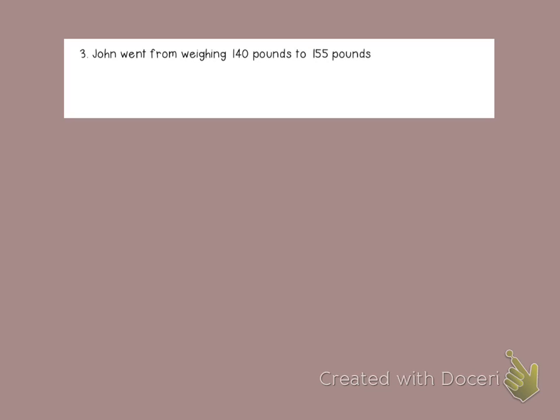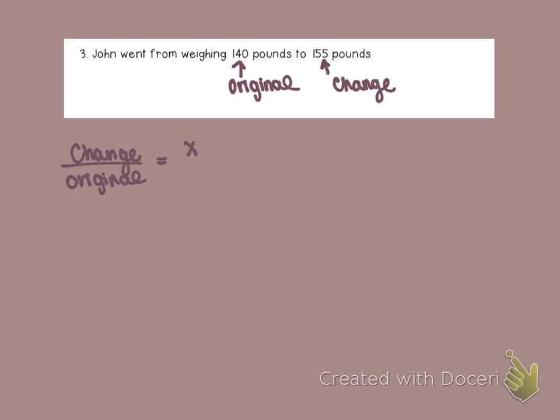Okay, here we have a little different one. So if we look, it says John went from weighing 140 pounds, so this is his original, to 155 pounds, so this is his change. Okay, so I want you to set up a proportion and find your answer. When you are finished, go ahead and press play.